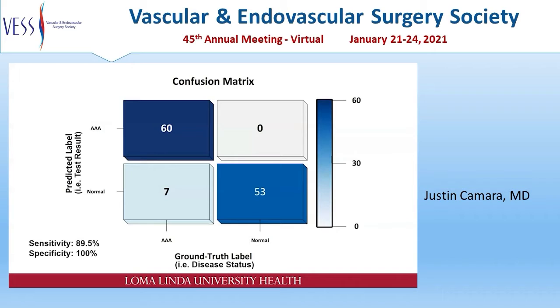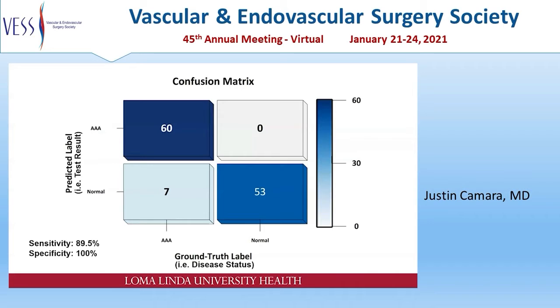In order to better analyze the performance of the model, we generated a confusion matrix, which is the machine learning equivalent of a 2x2 table from clinical medicine. And you can see here that on the left, we have the predicted, or in clinical medicine, you might say the test result. And on the bottom axis, we have the ground truth label, or the true disease status.